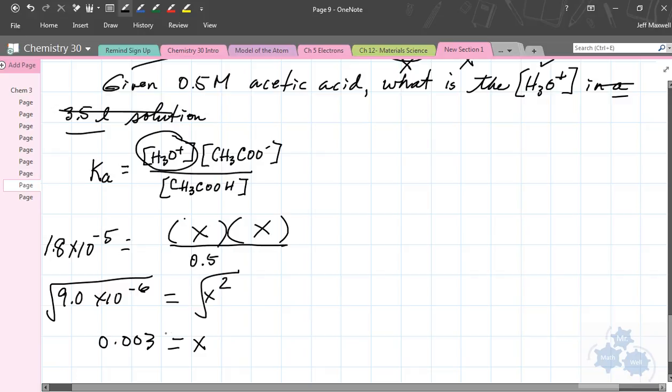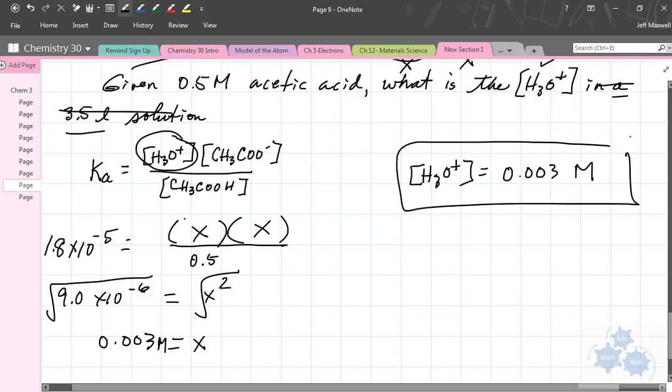Yes, molar. Moles per liter. So the acetate ion and hydronium ion concentration would be 0.003. For your final answer, you can write that right here like this: 0.003 molar. All right?